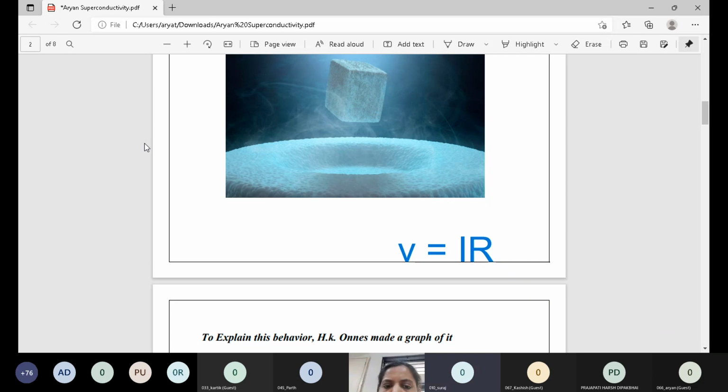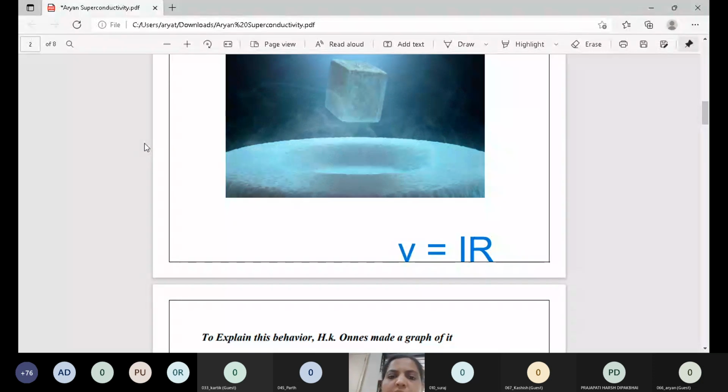Ma'am, repeat the last sentence about when energy drops. Yes, I was telling that when the material is having T less than Tc, suppose I'm talking about lead, Pb, plumbum. Pb you all know, which is used for shielding purpose.